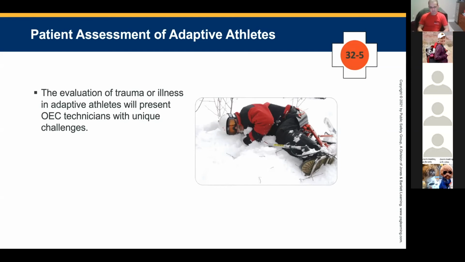They may not be able to feel injuries. Steve, that's a very good one. My company does a lot of the medical standbys for the desert races. There's a desert racer, I forgot his name, who's paralyzed from the waist down.